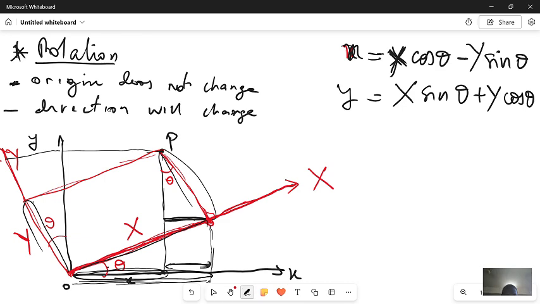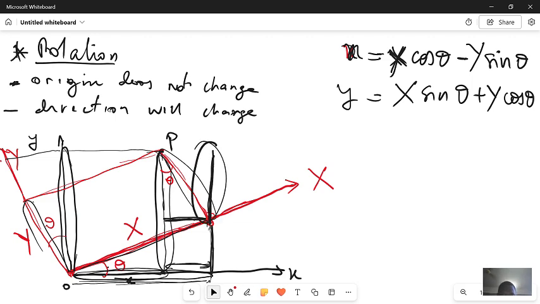X sine theta, I will get this one, plus Y cos theta. Y cos theta is this one, which is the y, because my y is this one, and this y is the same as this one. Now X sine theta gives me this value, plus capital Y cos theta gives me this value. If I add this portion plus this portion, I will get the value of y.